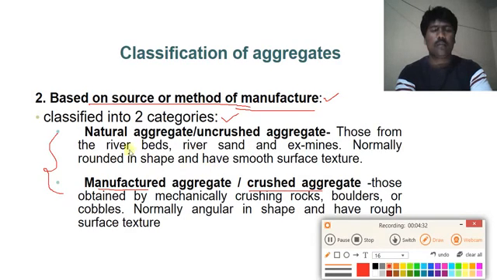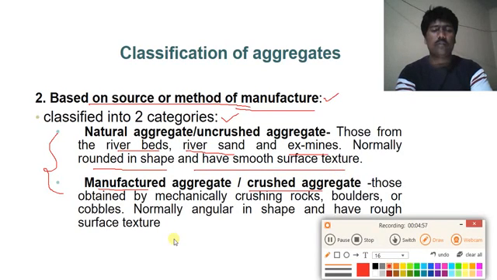Natural aggregates or uncrushed aggregates are the aggregates from river beds, river sand and pits. Normally these natural aggregates are round in shape and have a very smooth surface texture.